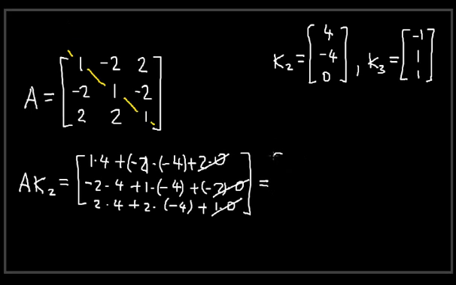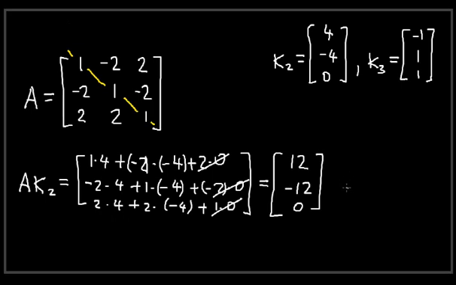And then what we are left with is 4 plus 8, and that's 12. So on the next line we have minus 8 minus 4, and that's minus 12. And the last line gives us 8 minus 8, which is 0.